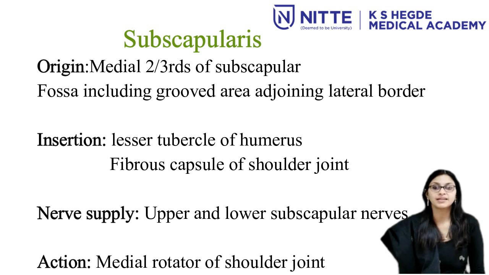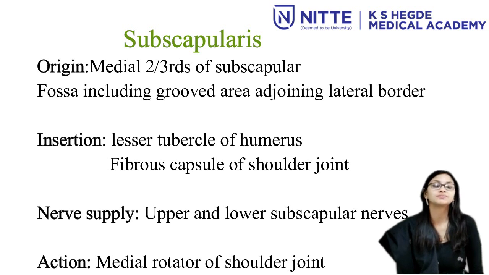Origin of this muscle is from the medial 2/3 of the subscapular fossa, including the grooved area adjoining the lateral border of the scapula. If you observe this muscle, there are many tendinous septa. Insertion is to the lesser tubercle of the humerus and also to the fibrous capsule of the shoulder joint.